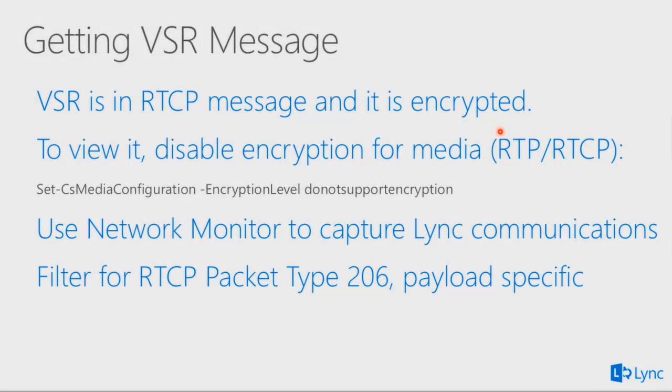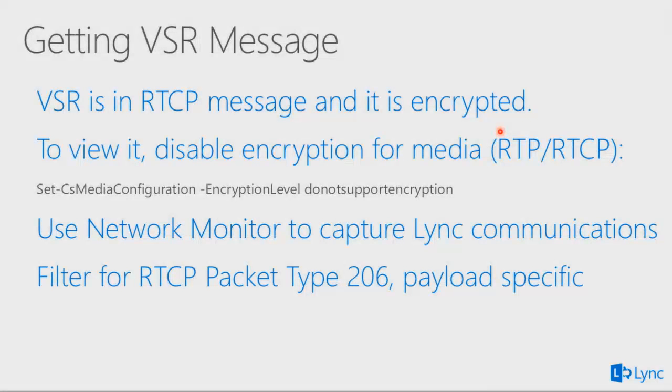I want to go deeper into the VSR message, but before I do that, when I try to decode it, it's a bunch of garbage. I cannot decode it because we encrypt it so that it looks like garbage, right? If you use Netmon to capture the stream and look at RTCP, there's no way I can understand it because it's encrypted, which is good.